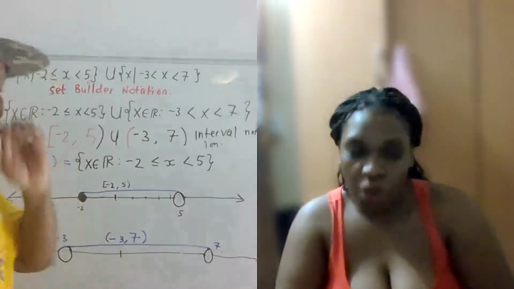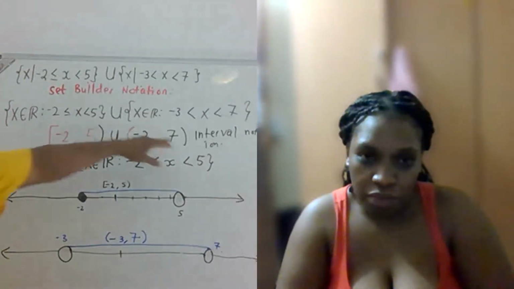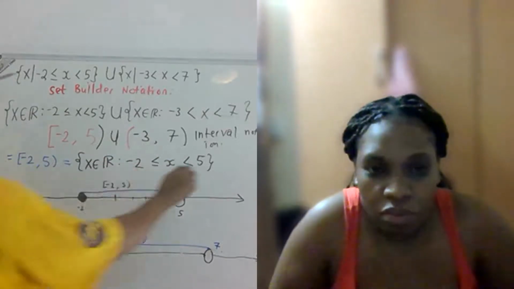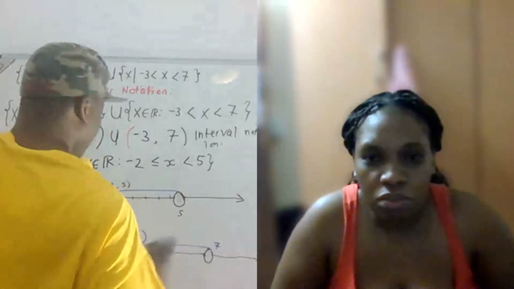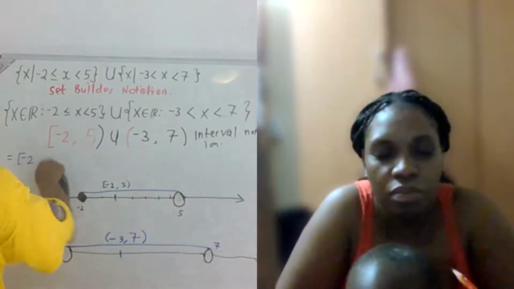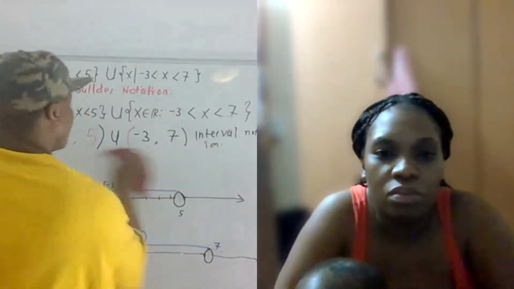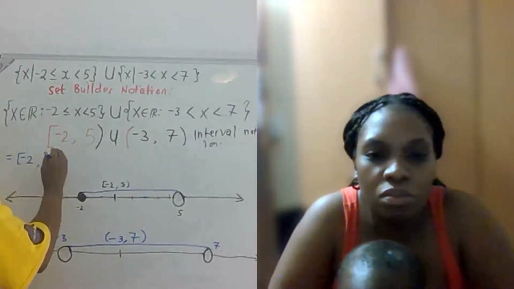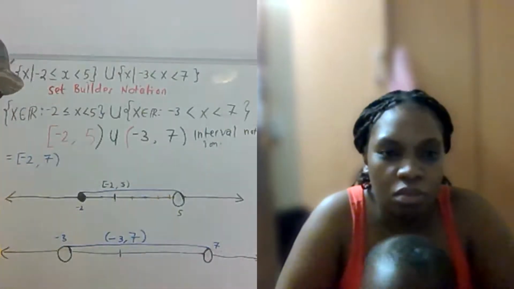The union of these two goes from negative 2 to 7, with 7 excluding and negative 2 including. But let's check the options.